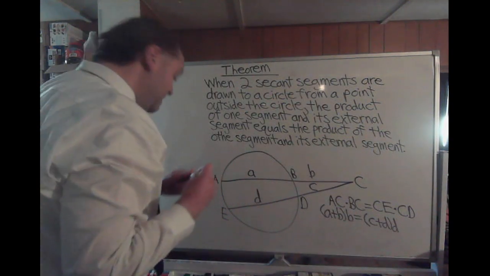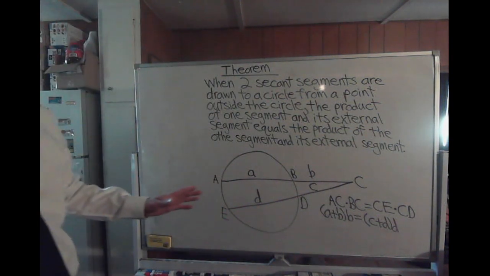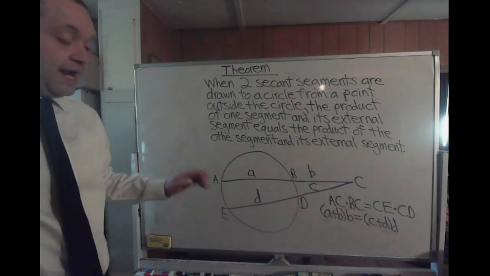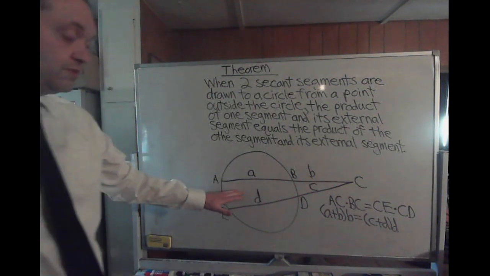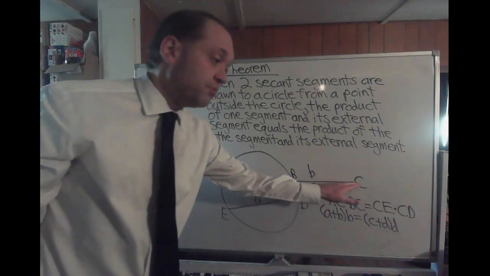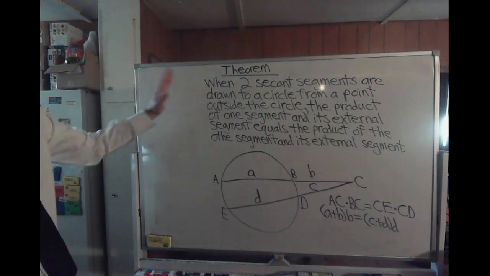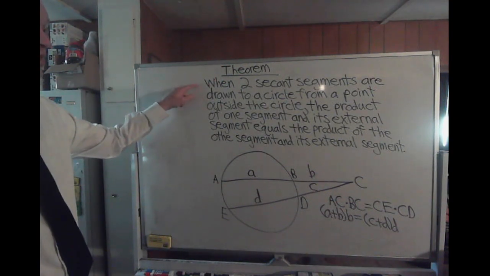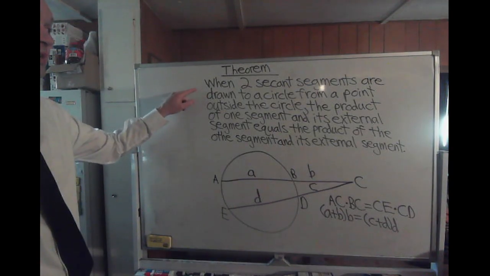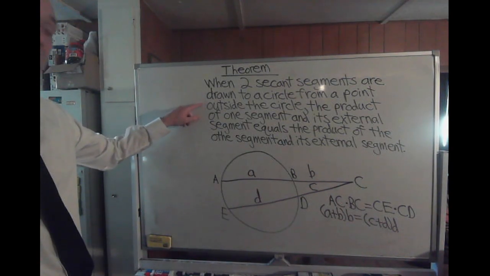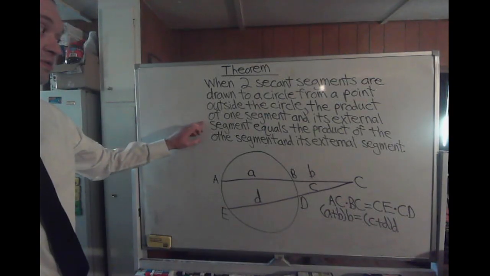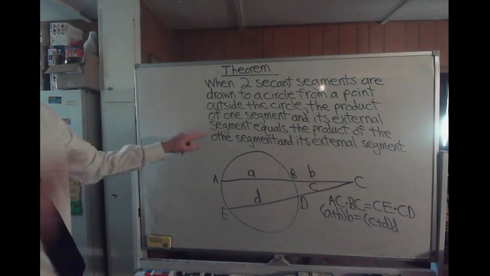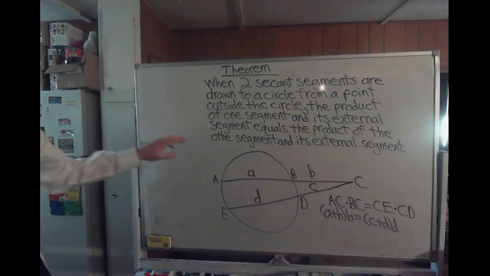Alright, so this time here we have a circle where we have two secant lines that are drawn to the circle from an outside point. This theorem states that when two secant segments are drawn to a circle from a point outside the circle, the product of one segment and its external segment equals the product of the other segment and its external segment.